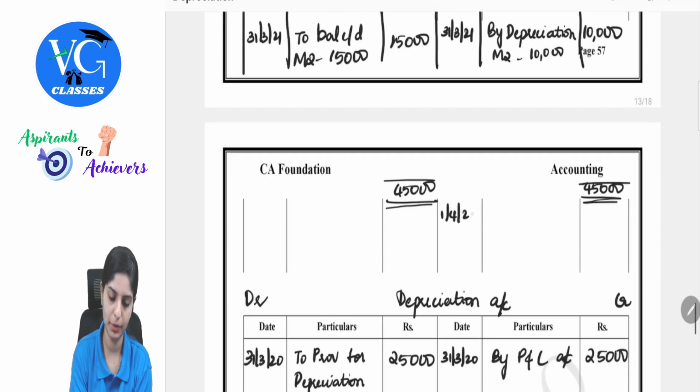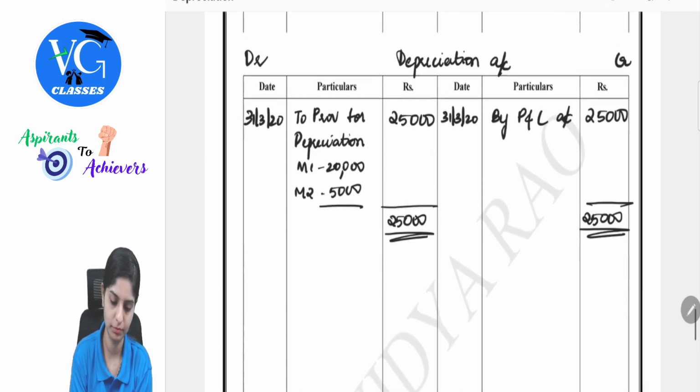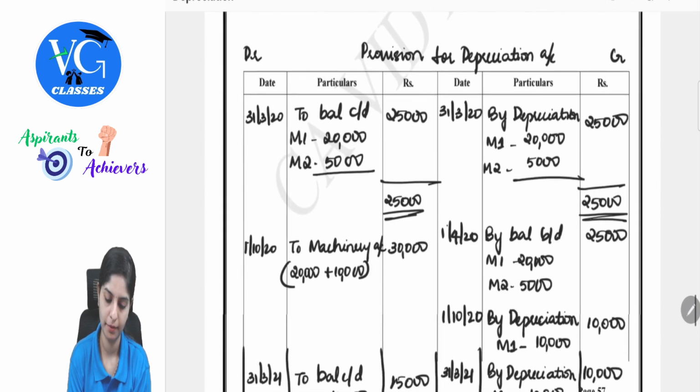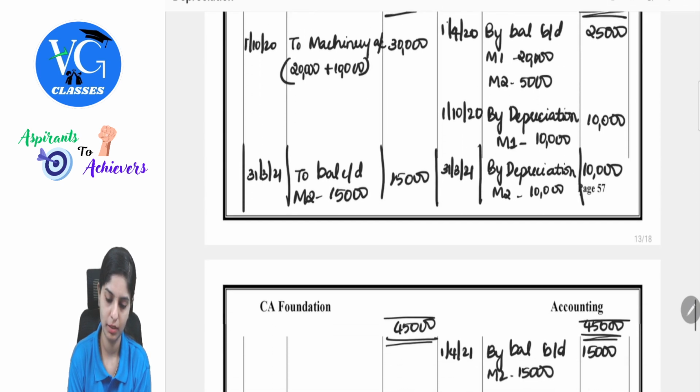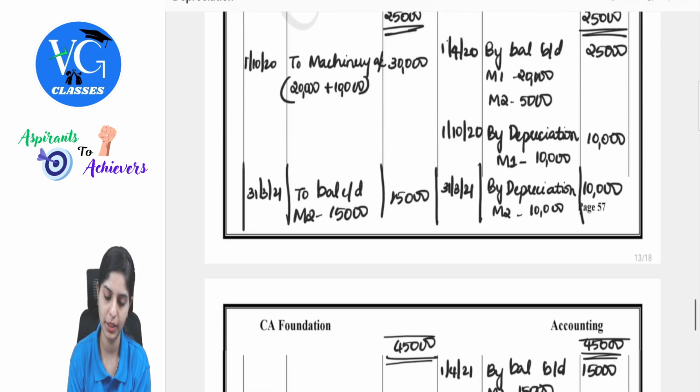First April 21, by balance brought down 15,000. 31st March 21, to provision for depreciation, 31st March 21.